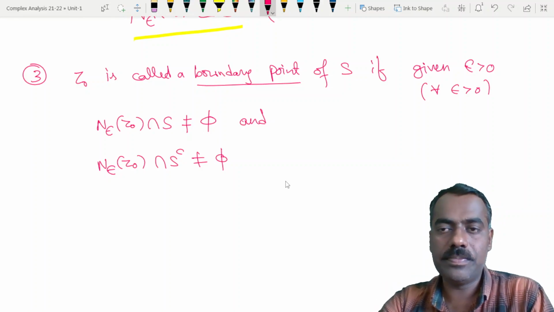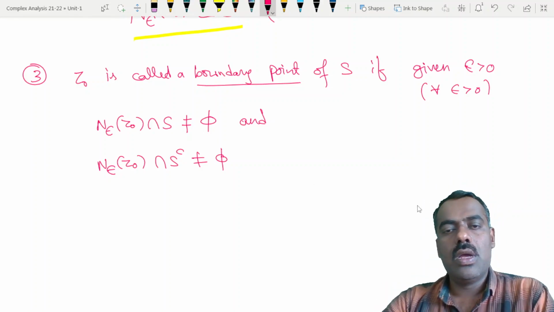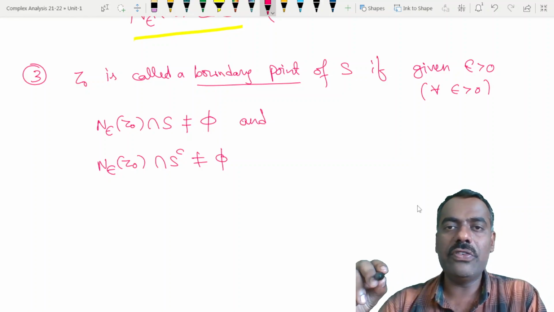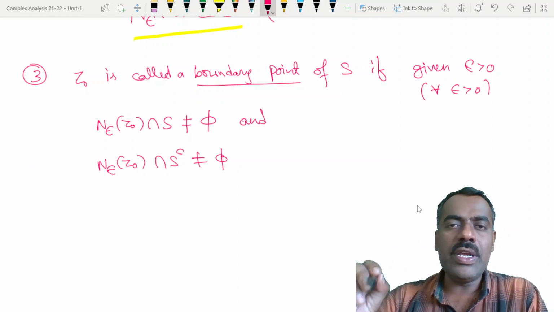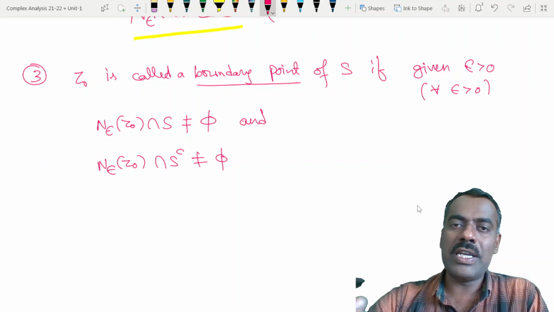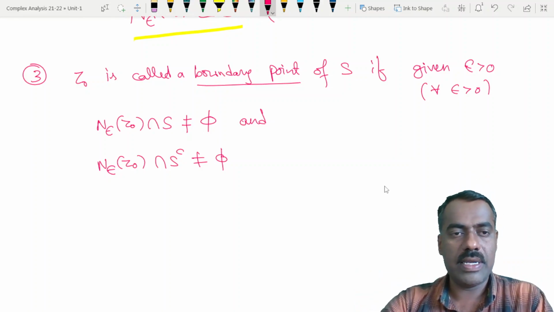Is this clear? So we say that some point is a boundary point if any neighborhood you take of Z naught has some points from S as well as some points from S complement, right?